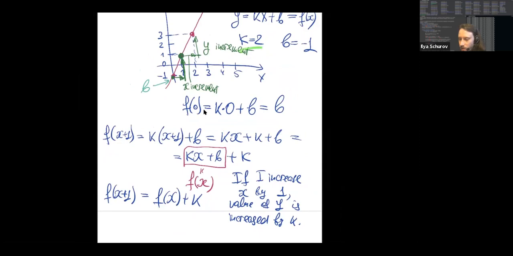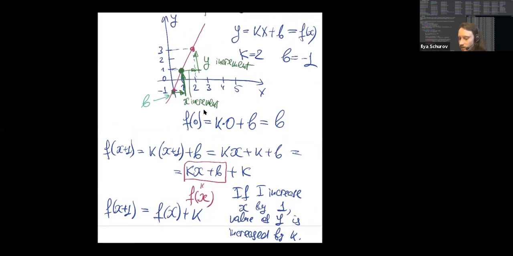So we see that this k is exactly this distance. How far should I change the value of y when I increase the value of x by 1? In other terms, this k shows how fast y increases as x increases.